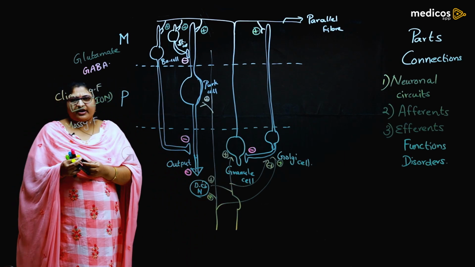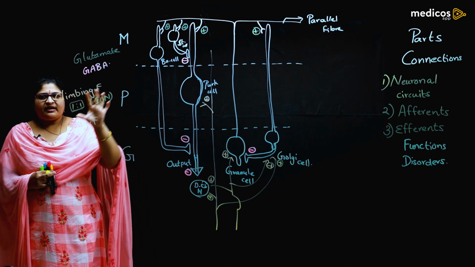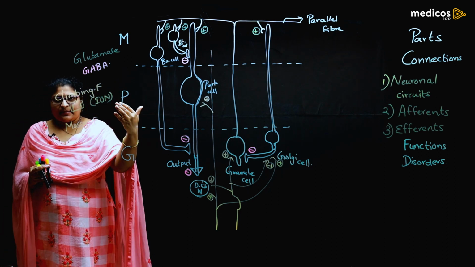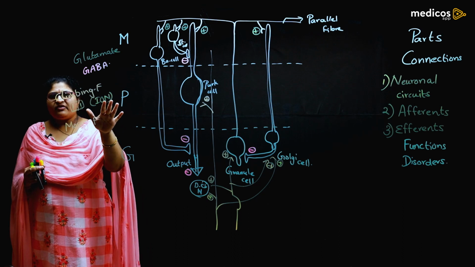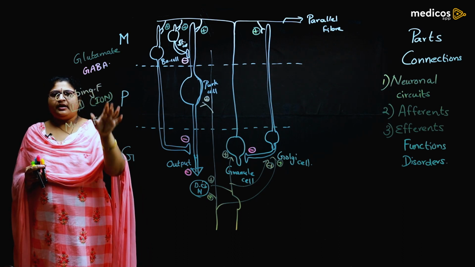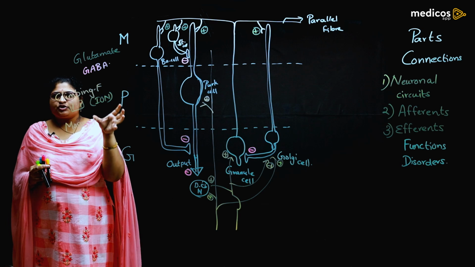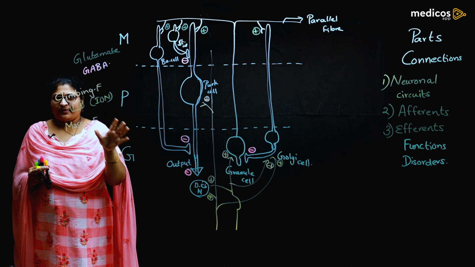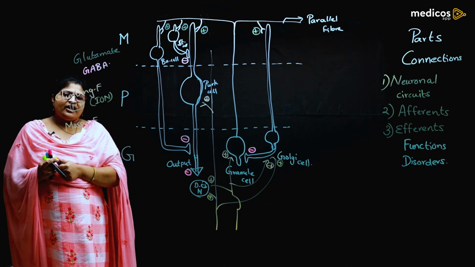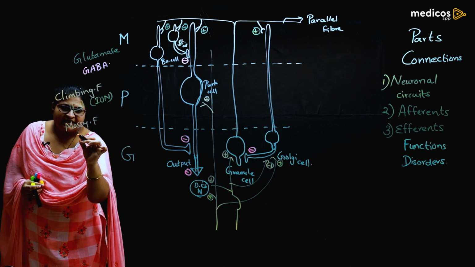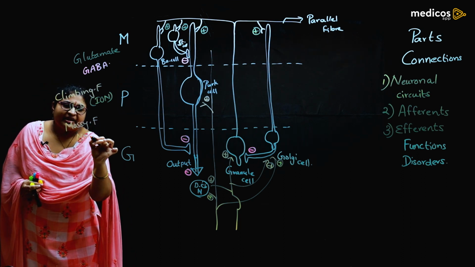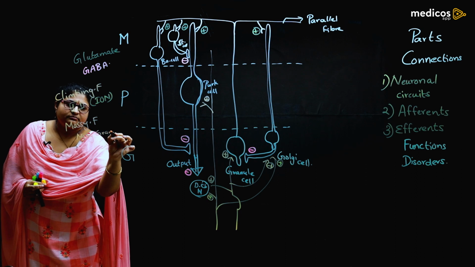Where these mossy fibers emerge, there are different afferents coming towards the cerebellum. Only the one from the inferior olivary nucleus is the climbing fiber. So the remaining afferent axons together form the mossy fiber. If you observe one mossy fiber, it is innervating many granule cells.